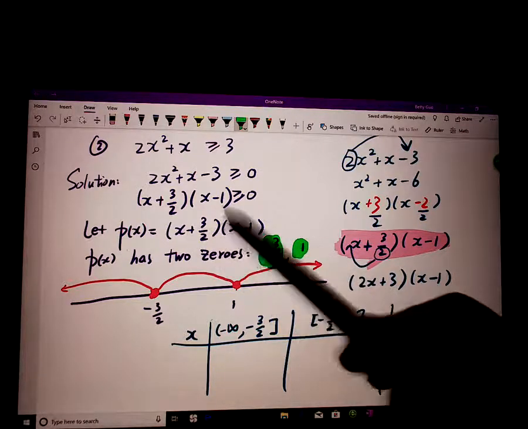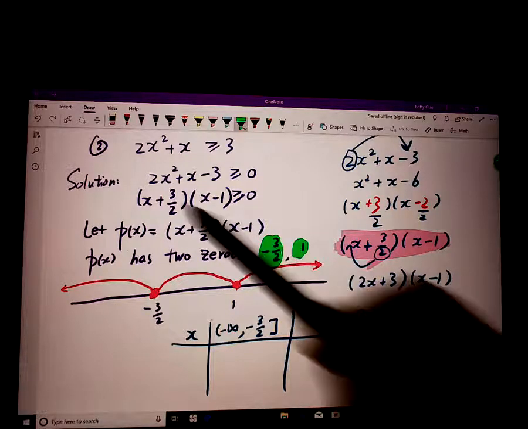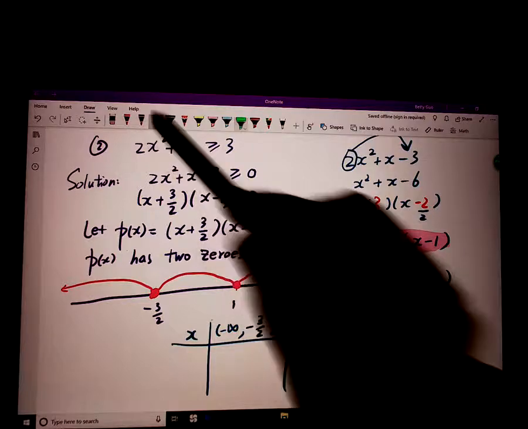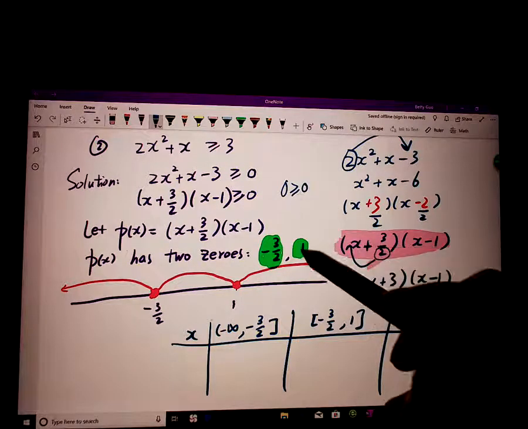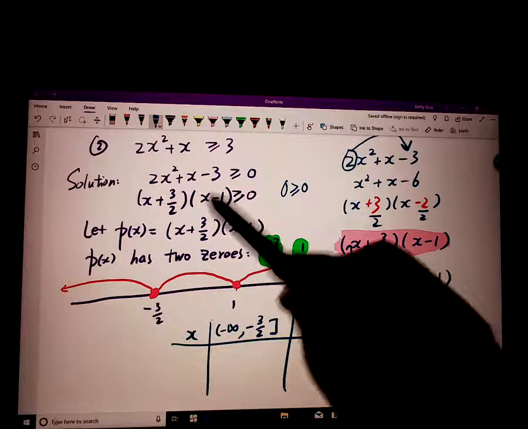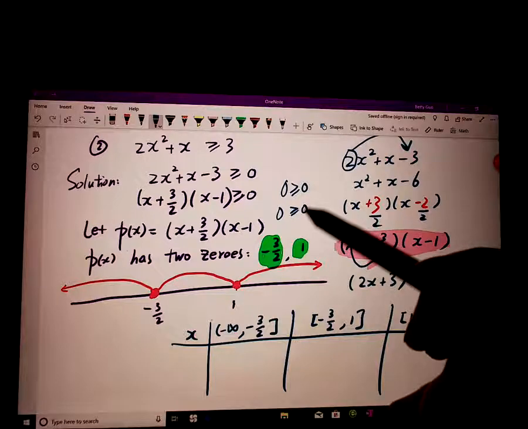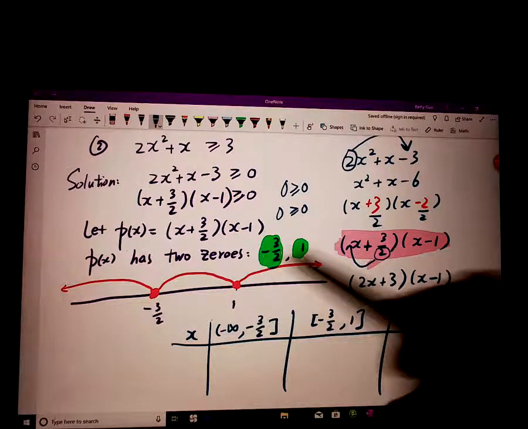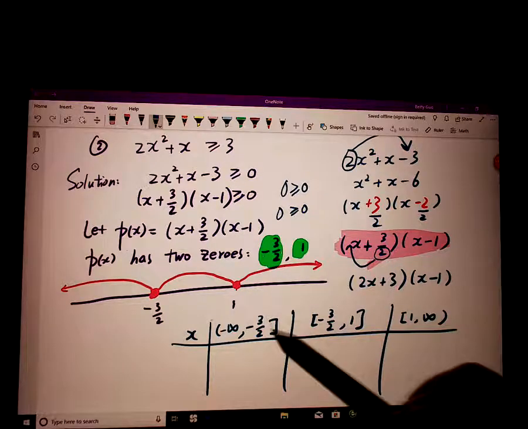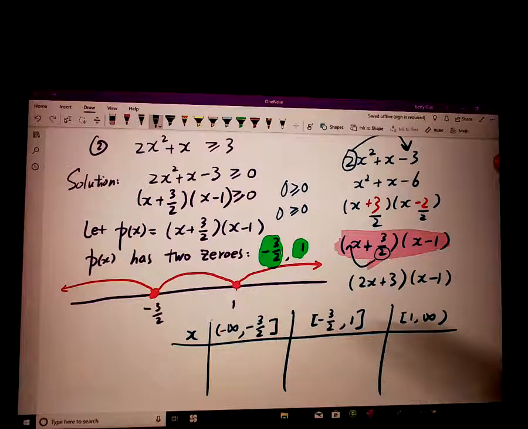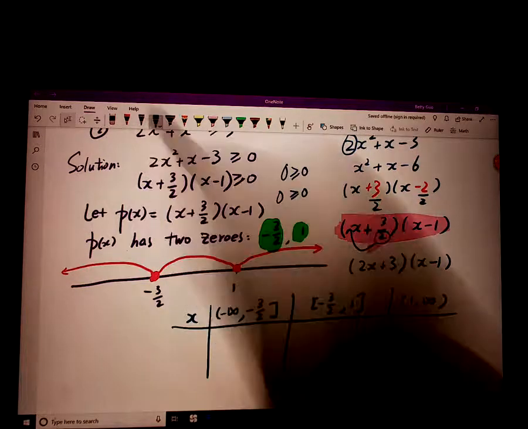If you plug in x equals negative 3 over 2, you would have 0 bigger than or equal to 0. That's a true statement. If you plug in x equals 1, the left-hand side is 0. We have 0 bigger than or equal to 0. It's also a true statement. So we know the two numbers are solutions already. Of course, we include them in the intervals. That's the reason. Okay, let's continue with the chart.